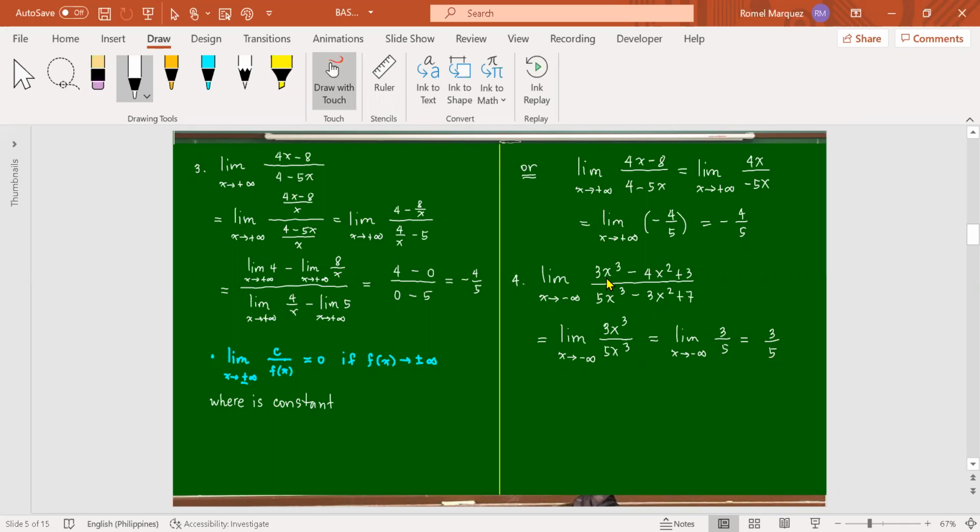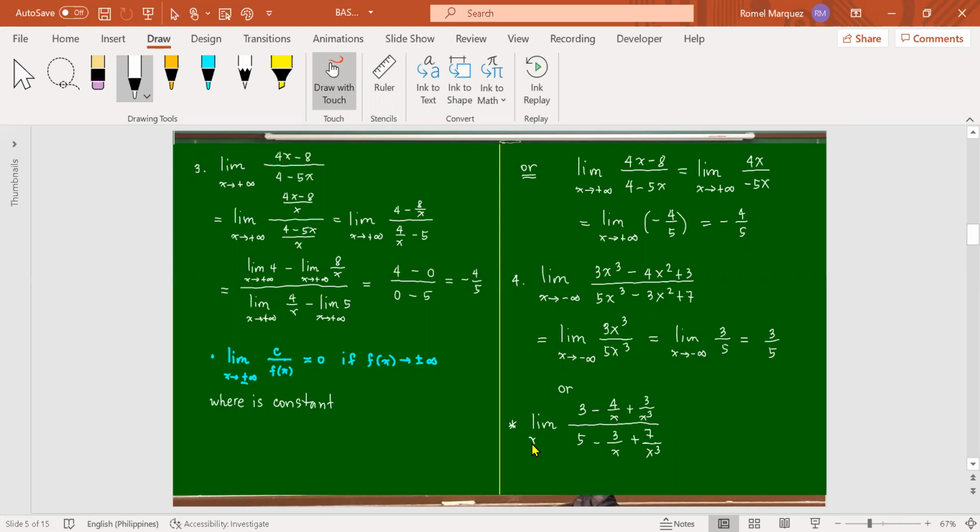O kung gusto nyo long method, divide every term by what? Divide every term by x cubed. So 3 minus 4 over x plus 3 over x cubed. Yung ilalim, 5 minus 3 over x plus 7 over x cubed.